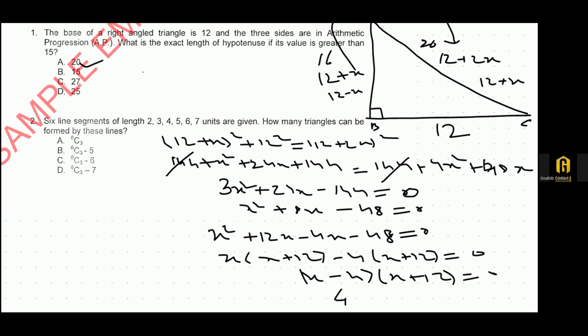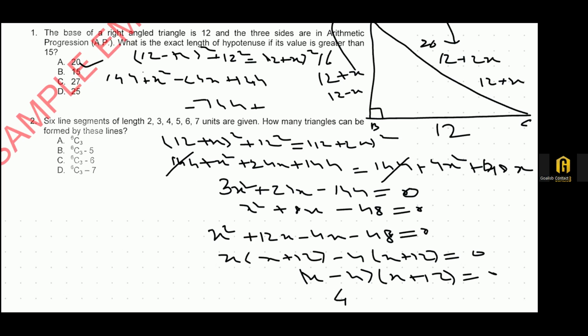Let us try to solve it once. So 12 minus x whole square plus 12 square is equal to 12 plus x whole square. 144 plus x square minus 24x plus 144 is equal to 144 plus 24x plus x square.